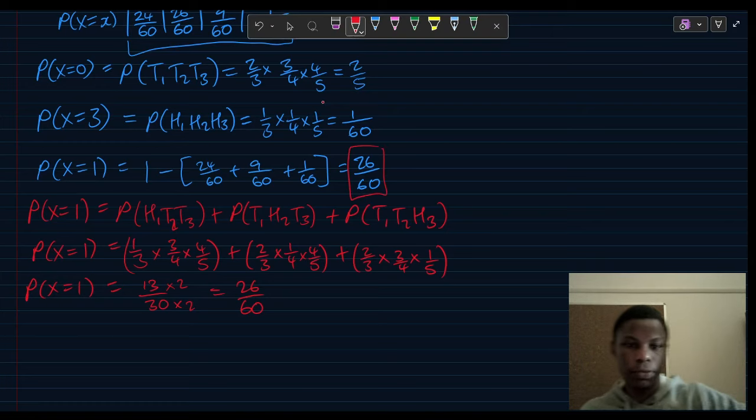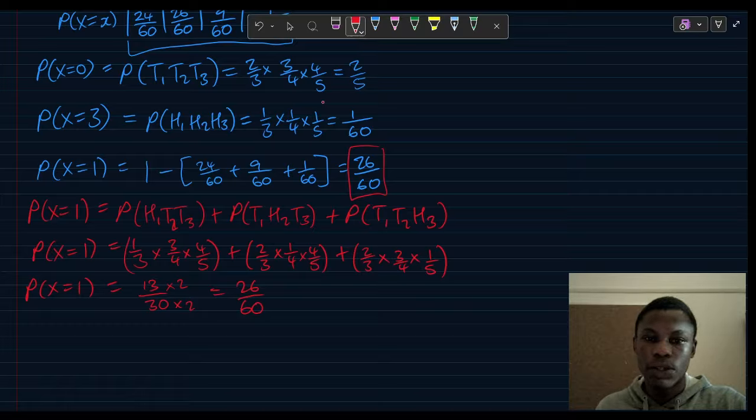So yeah, in the exam, probably just go for the 1 minus approach. But if you want to be extra careful, then you can do both to double check that you're correct.